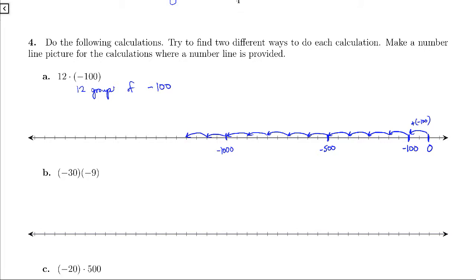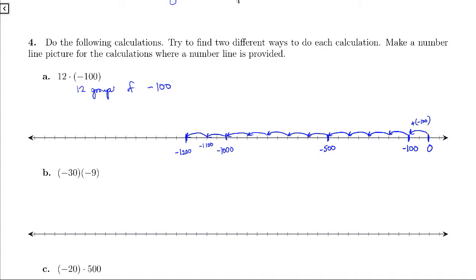And then negative 1,100. And this would be negative 1,200, or sometimes we also refer to that as negative 1,200, which makes sense. It's 12 hundreds.